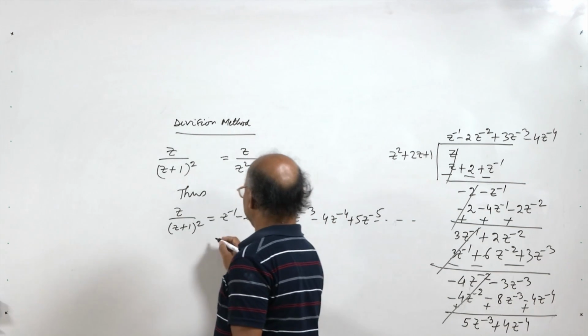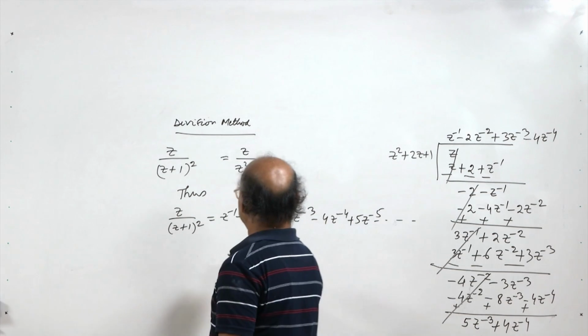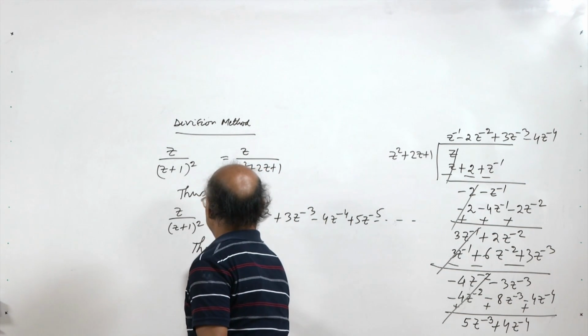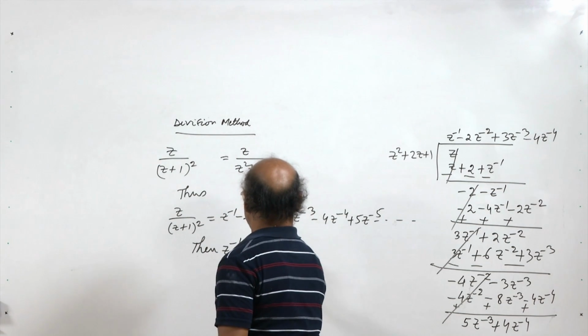And when we compare it with that series sigma u n z to the power minus n, this gives us the z inverse of z over (z plus 1) whole square.